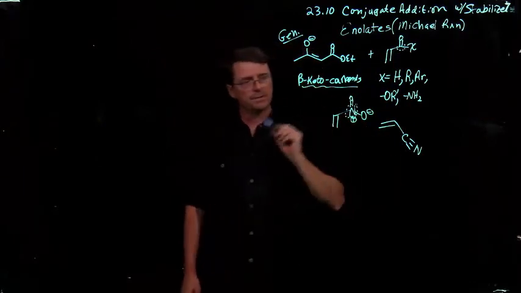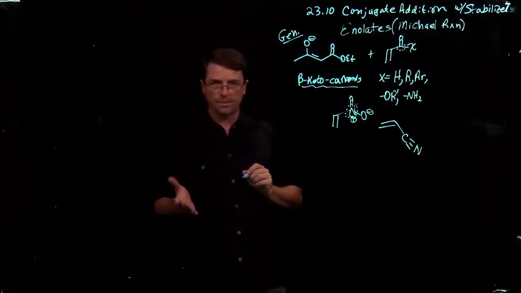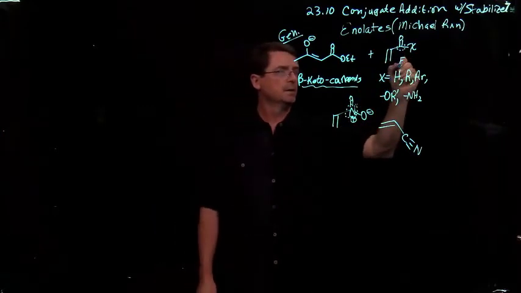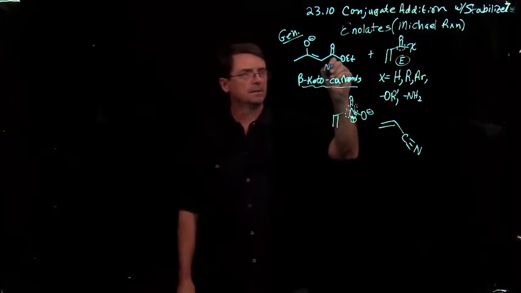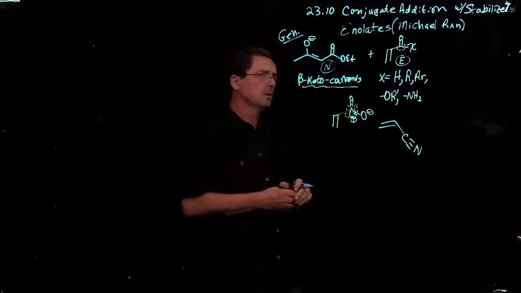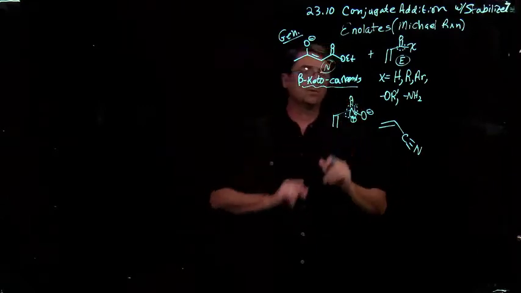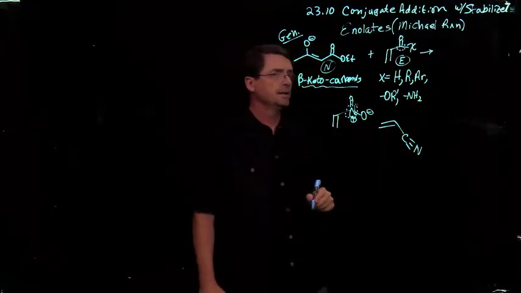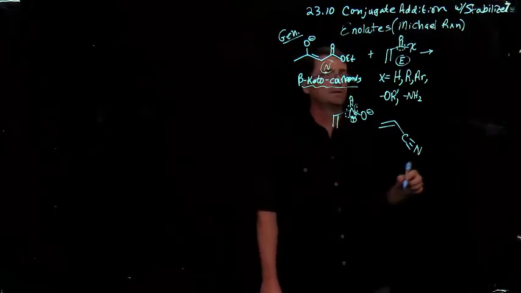So this is a very strong electron withdrawing group, and when we look at the mechanism in a minute, we'll see why, since this is the electrophile in the reaction and this is the nucleophile. Okay. So those are the general features and requirements of the starting material.